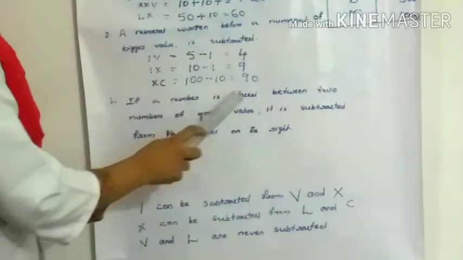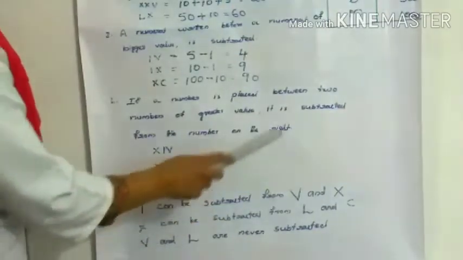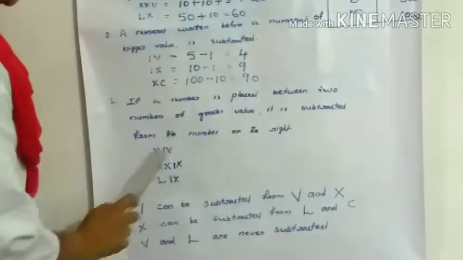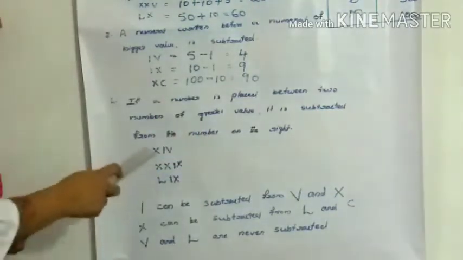Fourth rule: if a number is placed between two numbers of greater value, it is subtracted from the number on the right. Let's check with an example.